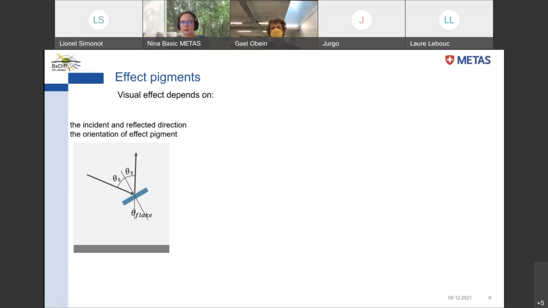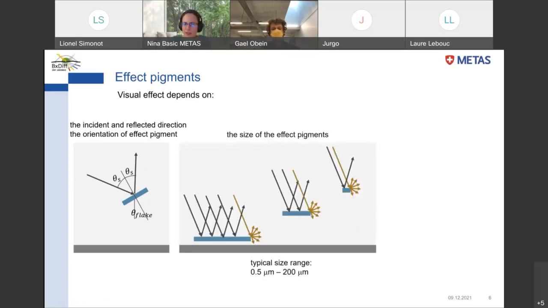The other thing that the visual effect can depend on is the size of the effect pigment. Here we have 3 different sizes of this effect pigment. If we have a very large effect pigment, there's going to be a lot of light coming onto the pigment and then specularly reflected back out.